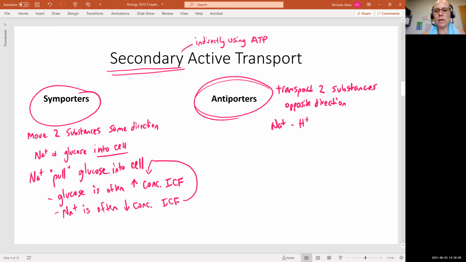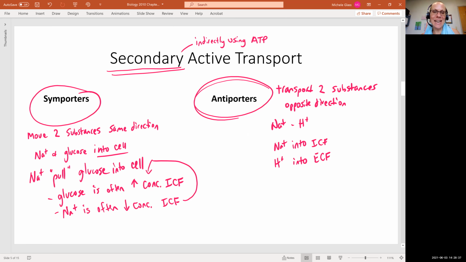And what we can see here is that the sodium is going to move into the ICF, or into the cell, and the hydrogen will move into the ECF, or out of the cell. And so again, because you've stockpiled your sodium on the outside, you have an easy time moving it in, which helps to push that hydrogen out.